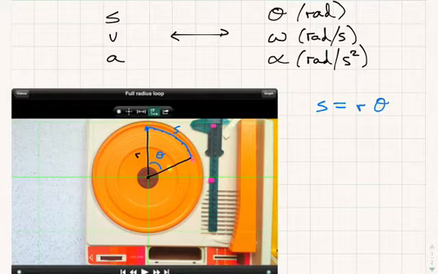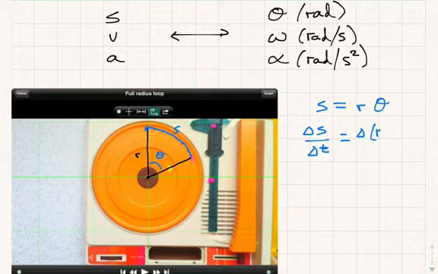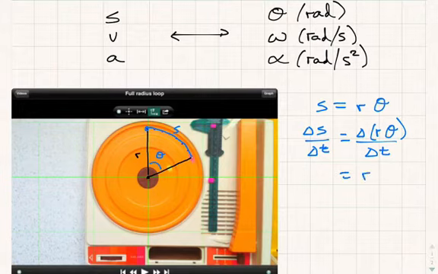Now, if I want to talk about how fast this object is traveling, then I can talk about the linear velocity, which is a change in s over a change in time. Doing that to both sides, I get delta r times theta over delta t. Now, the radius doesn't change with time, so I can pull that out, and all I really care about is a change in angle over a change in time.